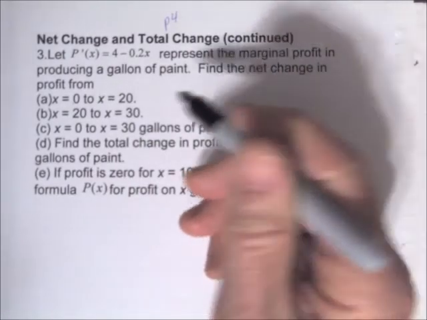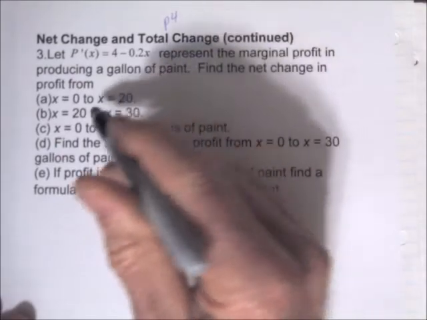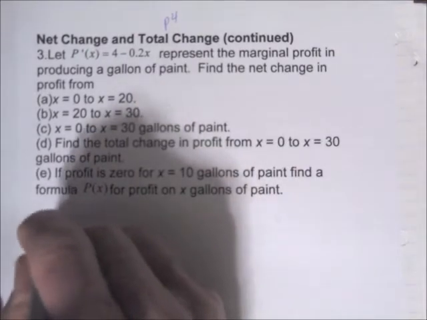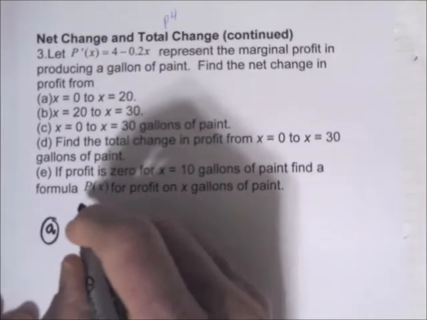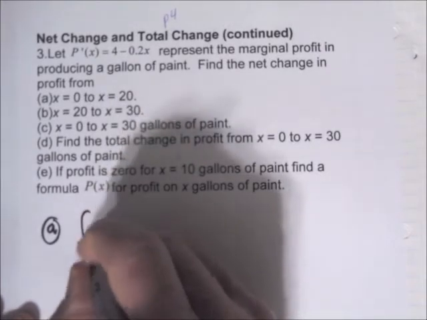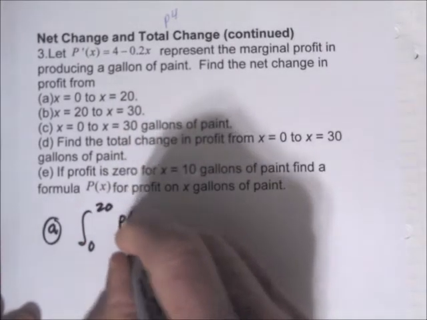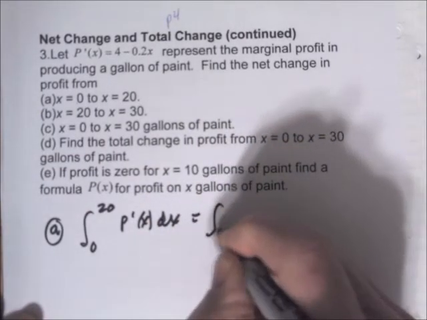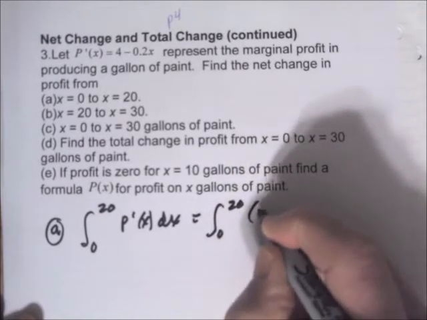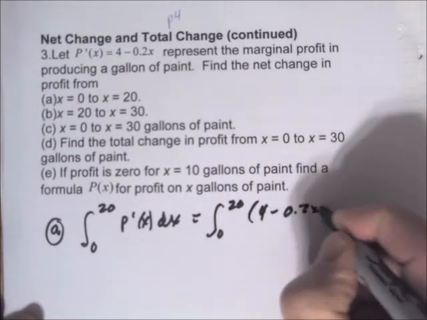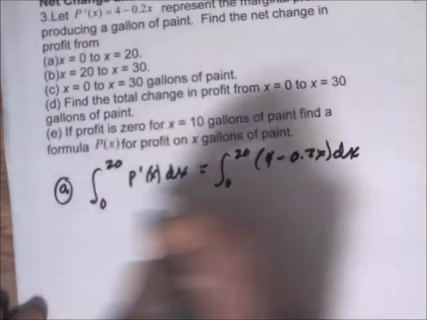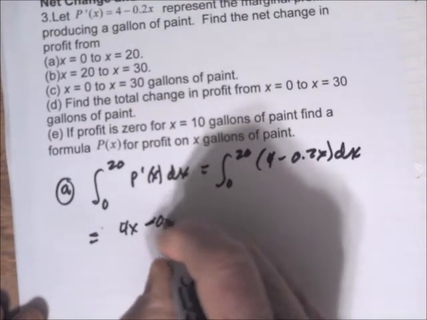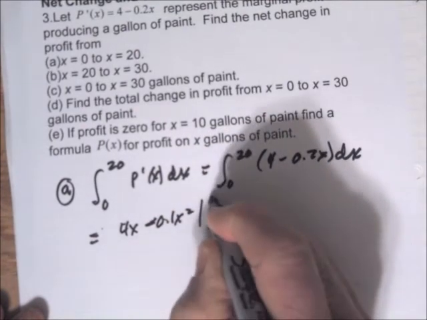Find the net change from 0 gallons to 20 gallons. Net change in profit. So that'll be the integral from 0 to 20 of p prime of x dx, and that's the integral from 0 to 20 of 4 minus 0.2x dx. Take the antiderivative, it's 4x minus 0.1x squared from 0 to 20.